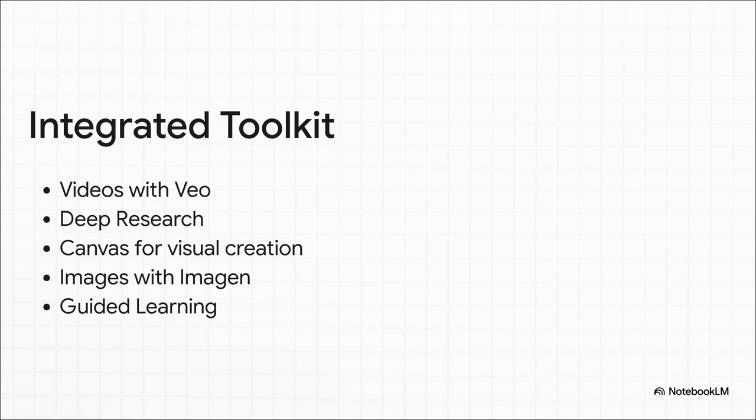You can generate stunning video clips with Veo, or use deep research to pull together info from hundreds of sources, not just one. You could whip up some incredible concept art for a project with Imagen, and then, get this, use guided learning to have Gemini teach you the skills you need to bring it to life. Each one of these tools is a game changer, but together, they open up a whole new world of possibilities.